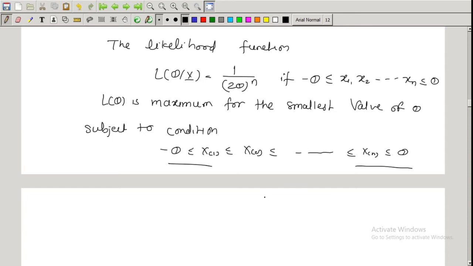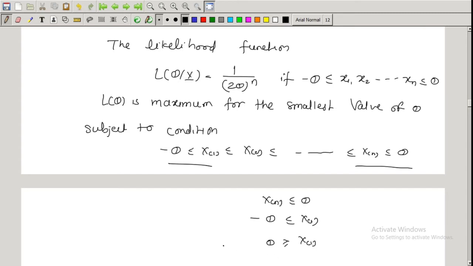First we get x order n is less than equal to theta, and second condition is minus theta is less than equal to x order 1. If I multiply both sides by minus sign, so this implies theta is greater than equal to minus x order 1.